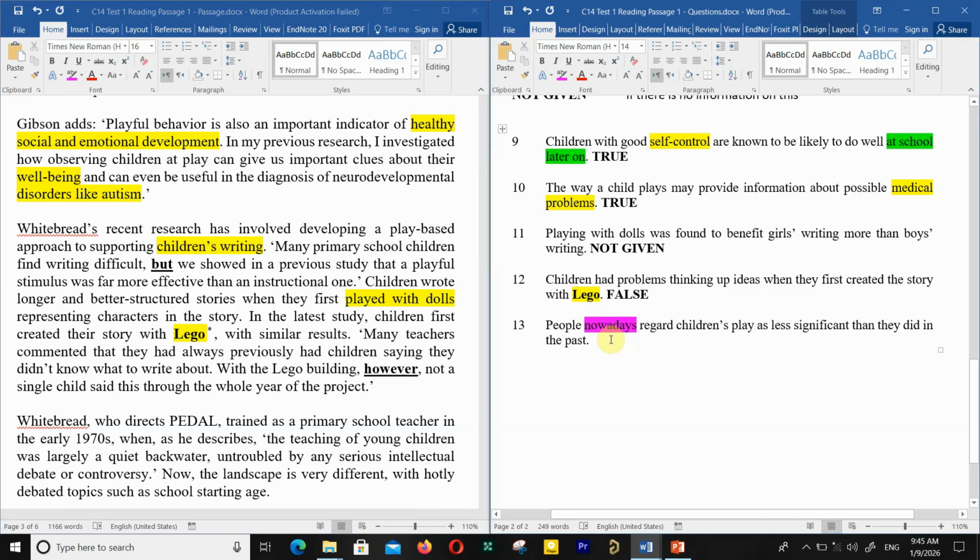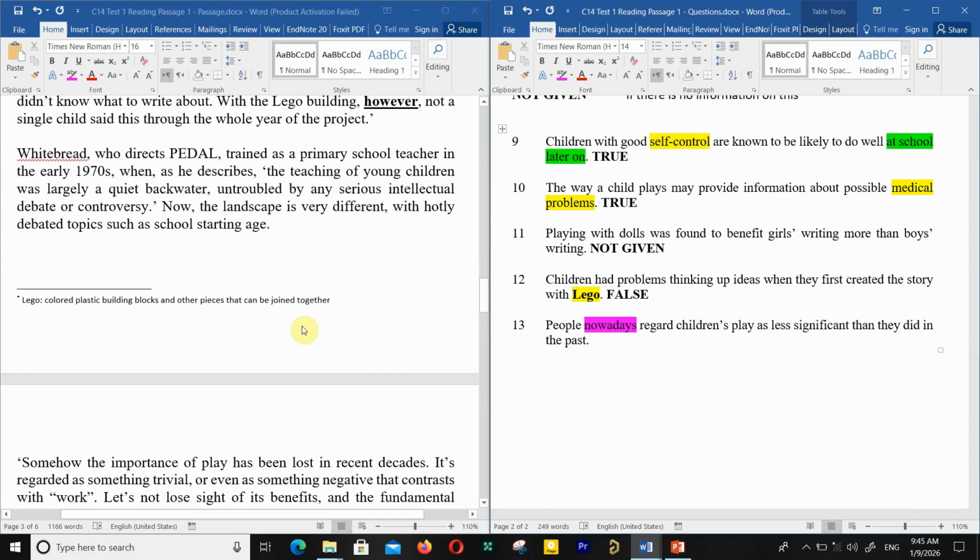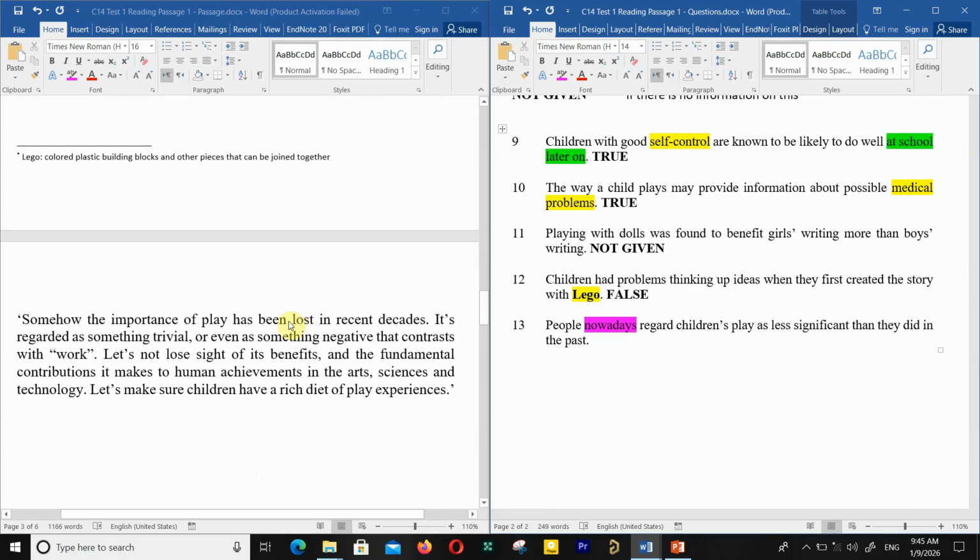Not always, you see, not always. But this is a good point to notice if you're out of time. Here, this is the last paragraph. People nowadays regard, and most of the time answering this type of question is really easy, even when they put this in reading passage 2 or 3. So this is really good.